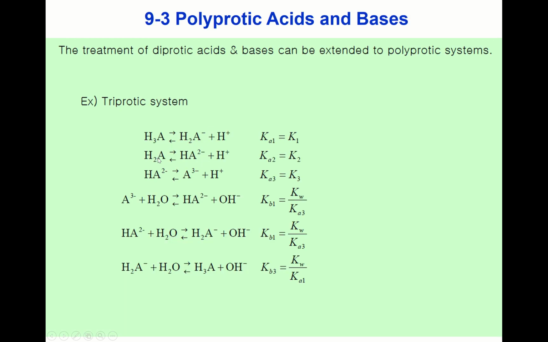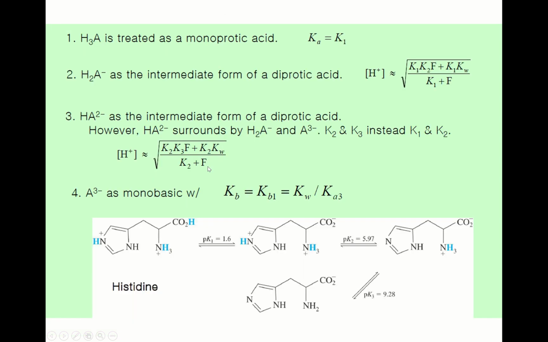There are four species, but this one could be treated as a monoprotic acid, so we only use KA1 and calculate the proton concentration by solving the quadratic equation.